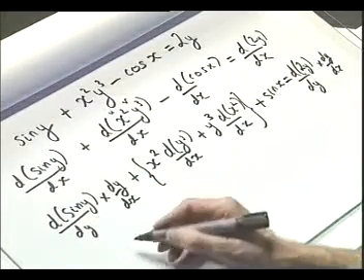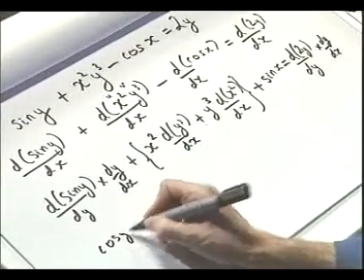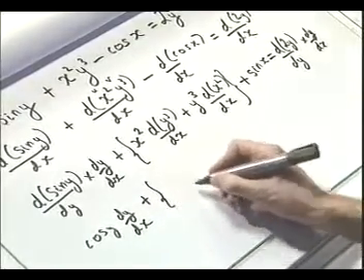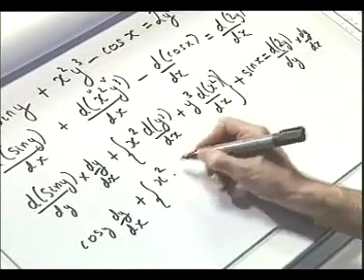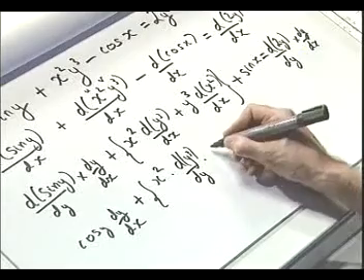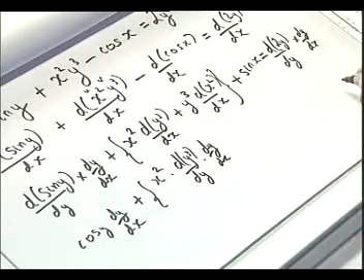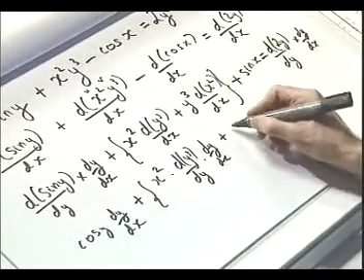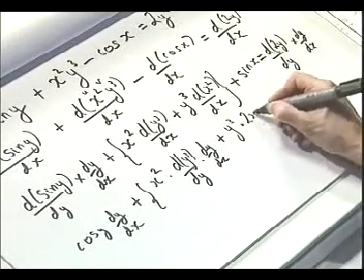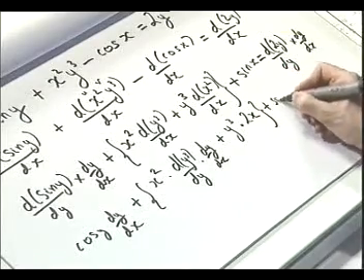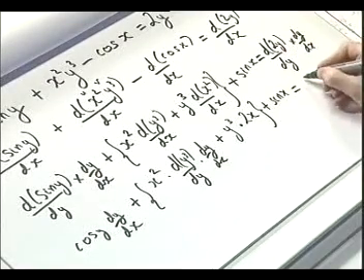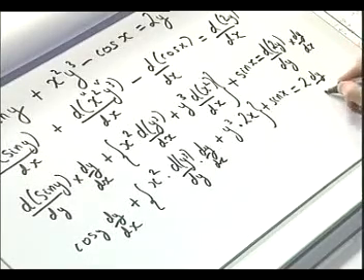So now, the derivative of sine y with respect to y is just cos y dy by dx plus x squared times, now, this will be the derivative of y cubed with respect to y times dy by dx, plus this one, y cubed times, now, the derivative of x squared with respect to x is just 2x, plus sine x, we've already done that one, equals, and here the derivative of 2y with respect to y is 2 times dy by dx.